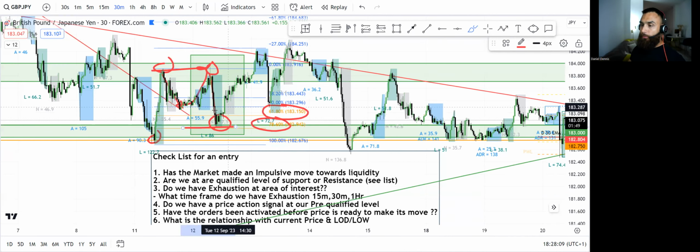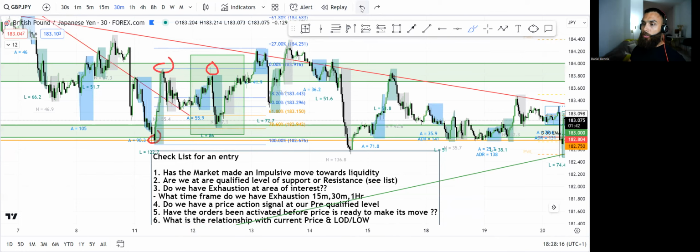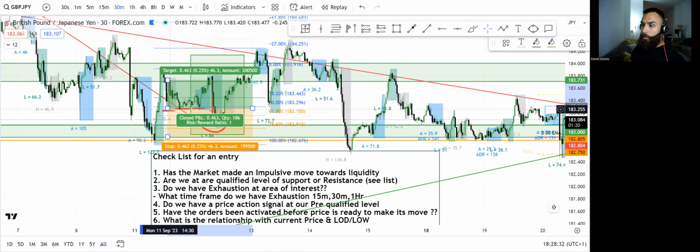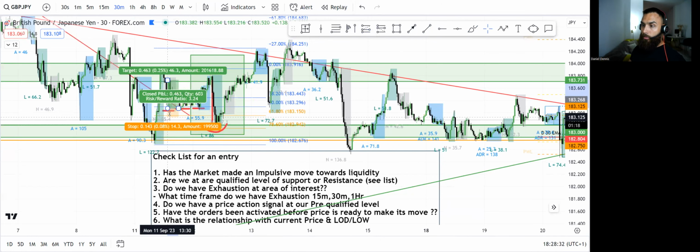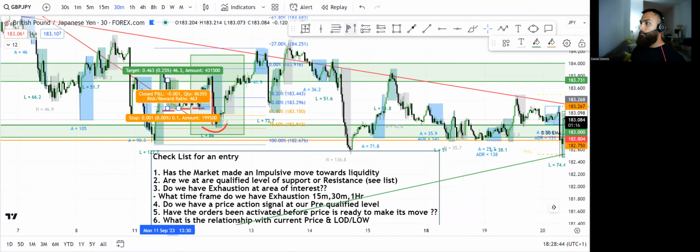Also, another thing to take into consideration with intraday trading is you have to identify where liquidity is. Now, I can tell you for a fact there would have been people buying here, here, here, right? This push, this impulse movement towards this level here, took out anyone that was here. So there would have been other traders in buys here. Some of them would have put stop loss to break even.